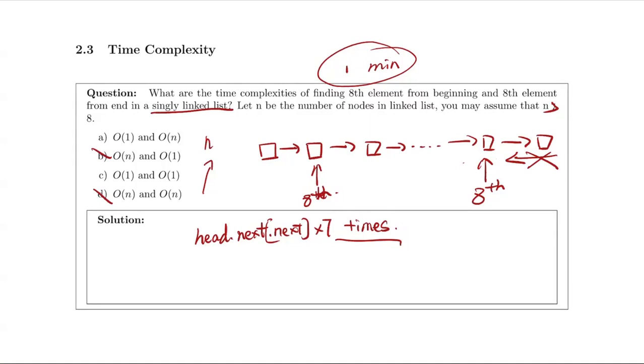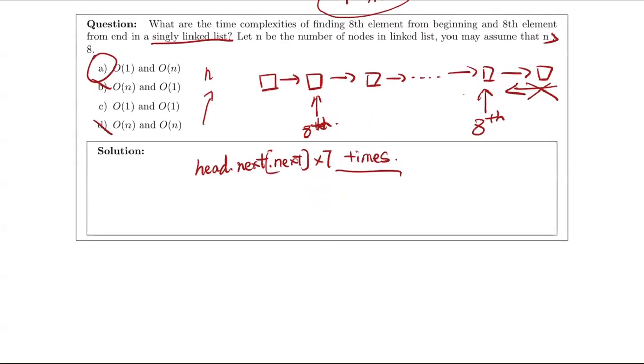I'm not sure which, but that involves n, which takes linear time. So the correct answer is A. Finding the front element is constant time, and from the rear is linear time.